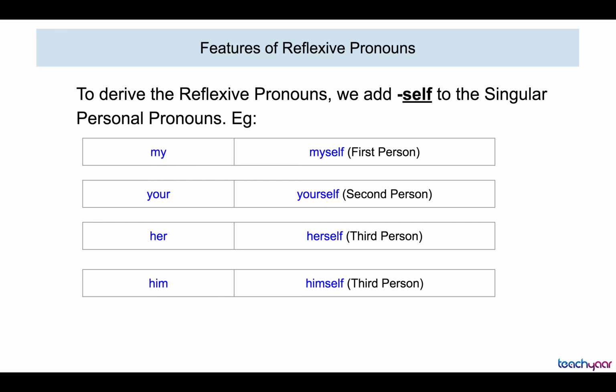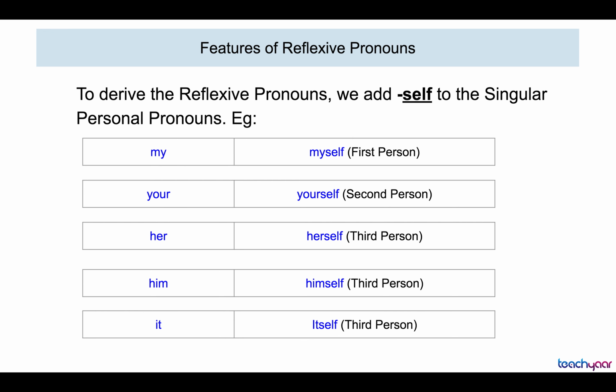Him, himself, that is also third person. It, itself, third person. So here what have we done? We have added self to the personal pronouns which are singular. So when we are referring to one person or one thing, we just have to add self.